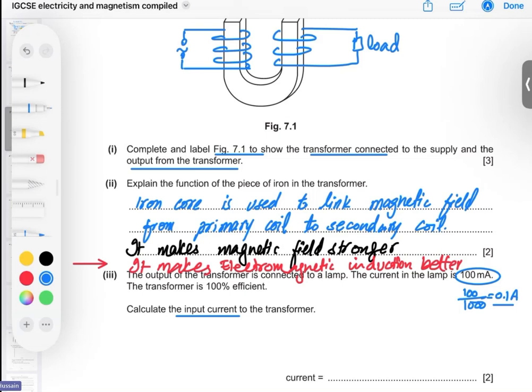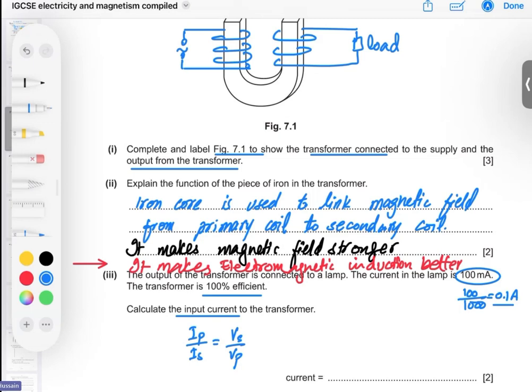Number two, calculate the input current. So I know that Ip upon Is is equal to Vs upon Vp. It's 100% efficient, so whatever the power is in, the same would be the power out.